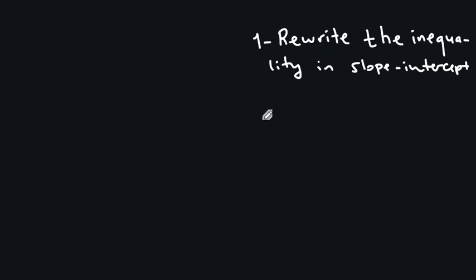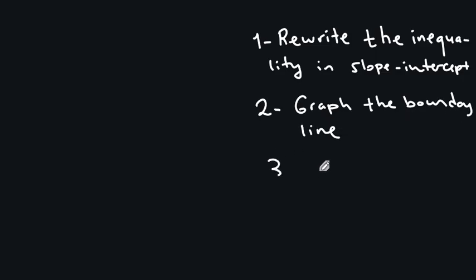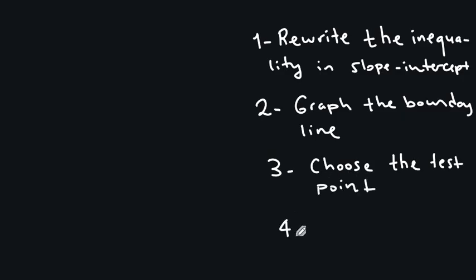The second step, graph the boundary line. The third step, choose a test point. We usually choose 0, 0 if it's available. And as the fourth step, shade the correct area.